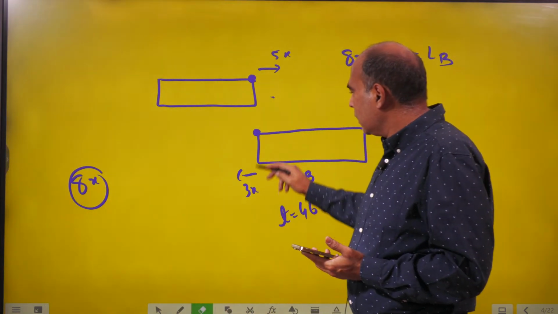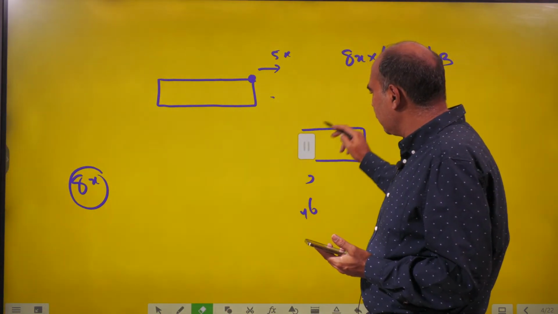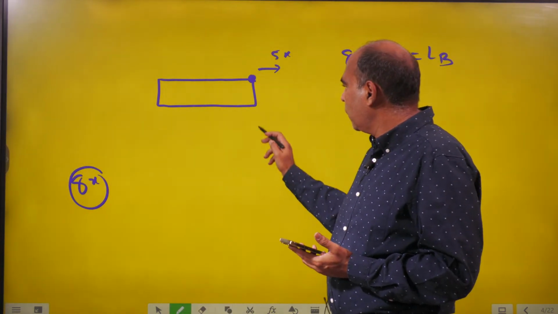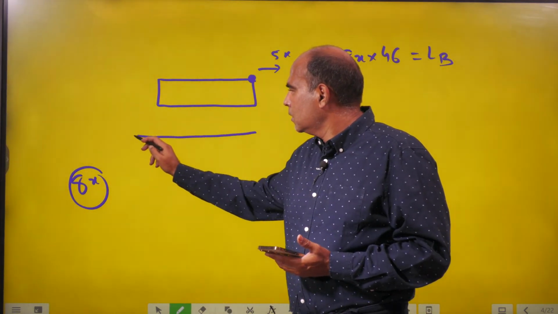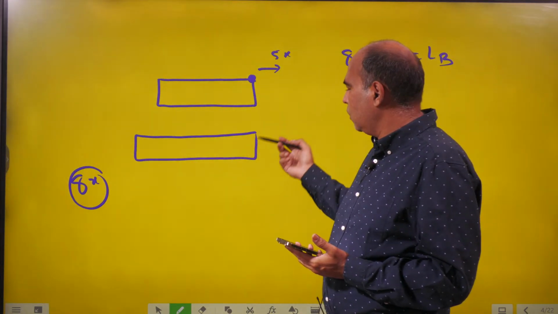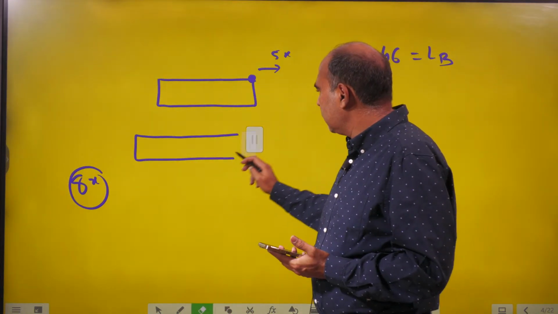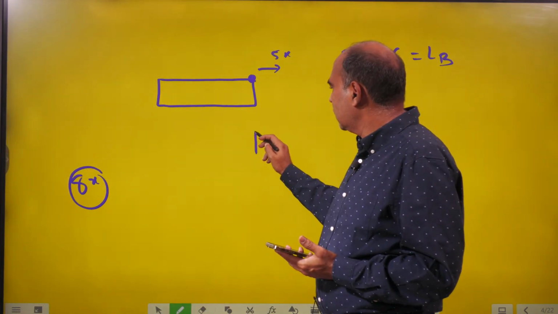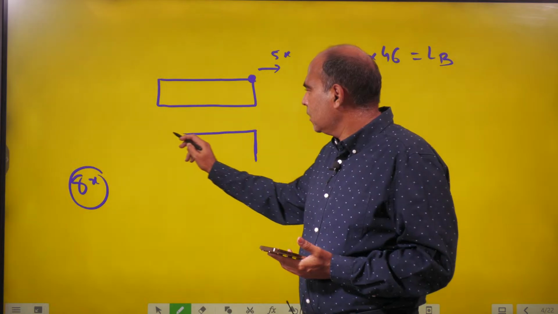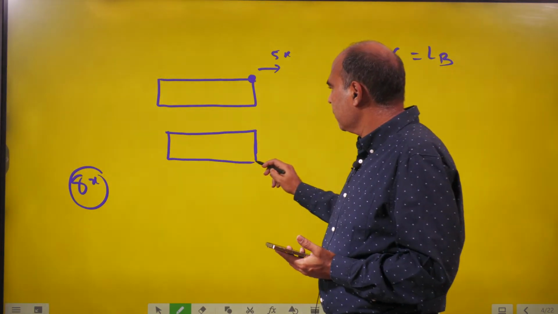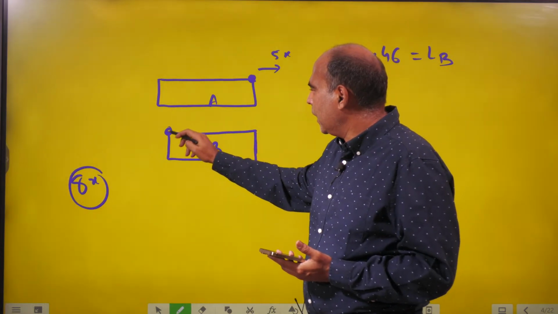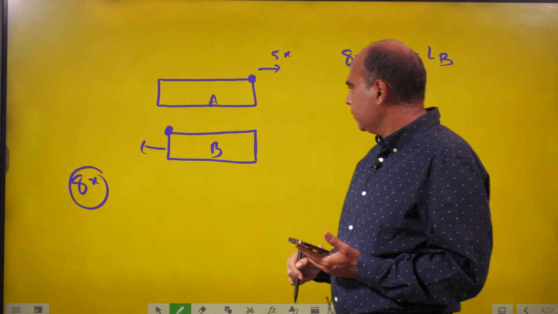Now, once you get that, then at t equals 46, the situation of the crossing over has become this: this is the back end of my train B, this is the front end of my train B. Train B is going this side.